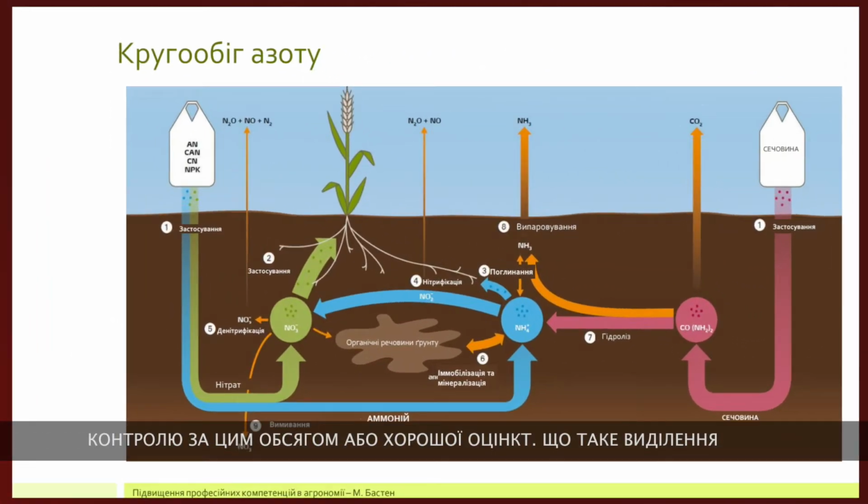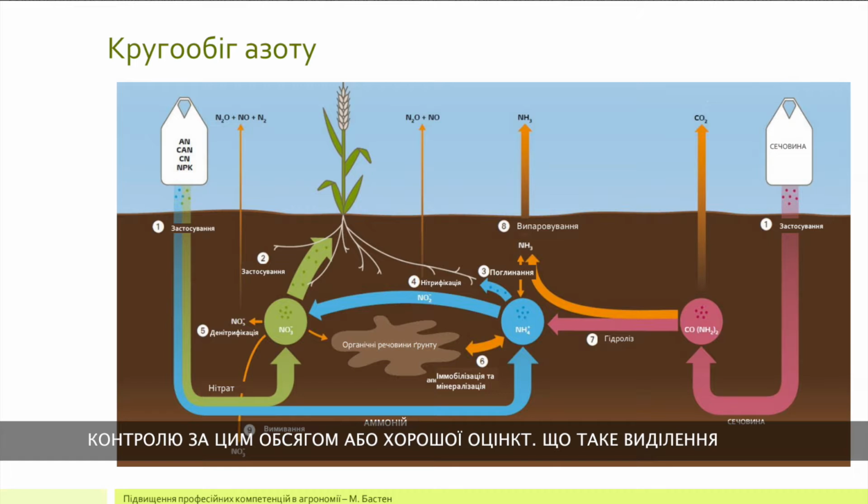And all the measures to improve the accuracy of nitrogen application deal very much with controlling this pool or having a good estimate of what the release of this organic matter pool is, because the difference between what is released from the organic matter and what the crop has to take up to build a certain yield has to come from fertilizer.